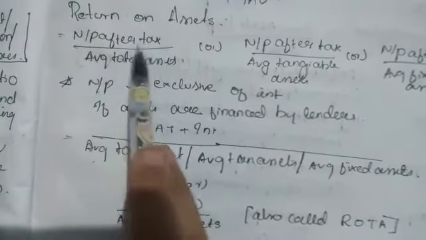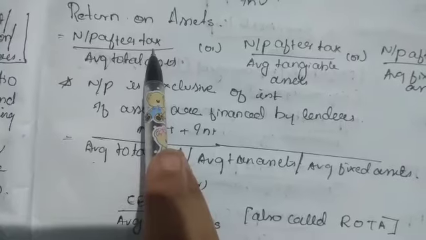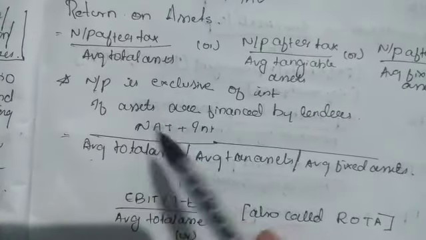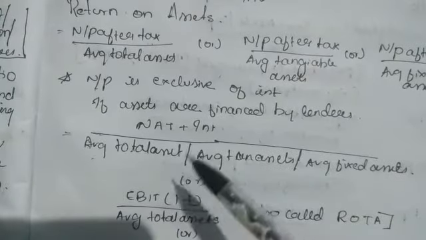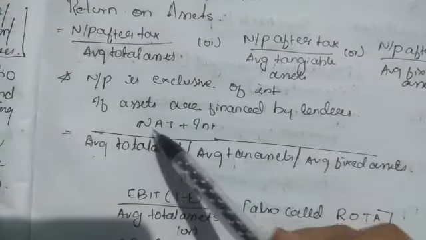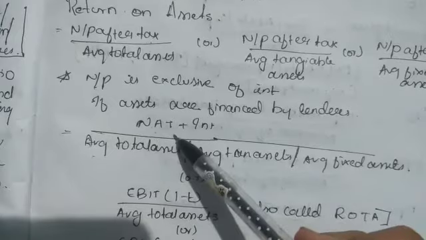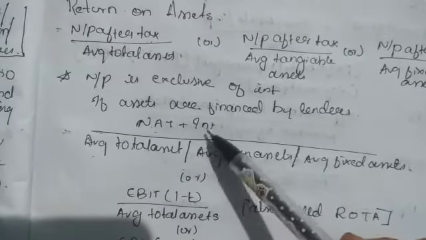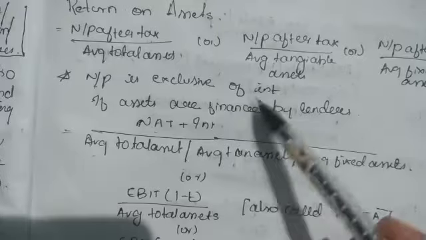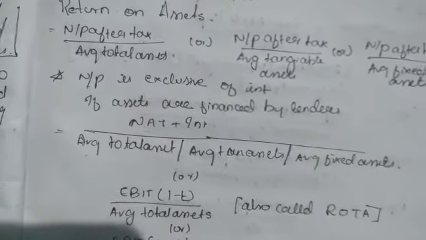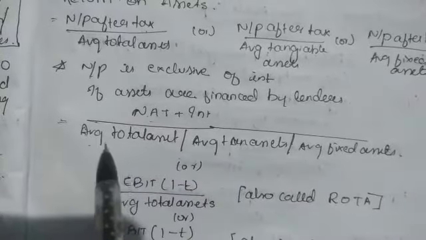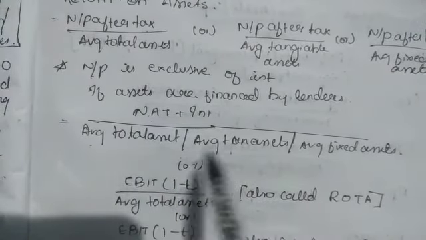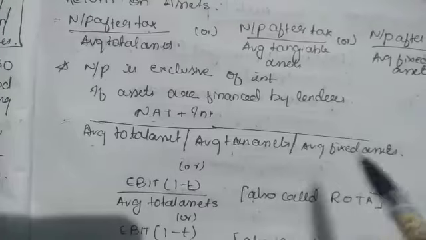If at all the asset is borrowed through a finance lender, then you have to calculate like this: net profit after tax plus interest paid on the financed lease or financed asset, divided by the same thing, total assets, average total assets, average tangible assets, average fixed assets.